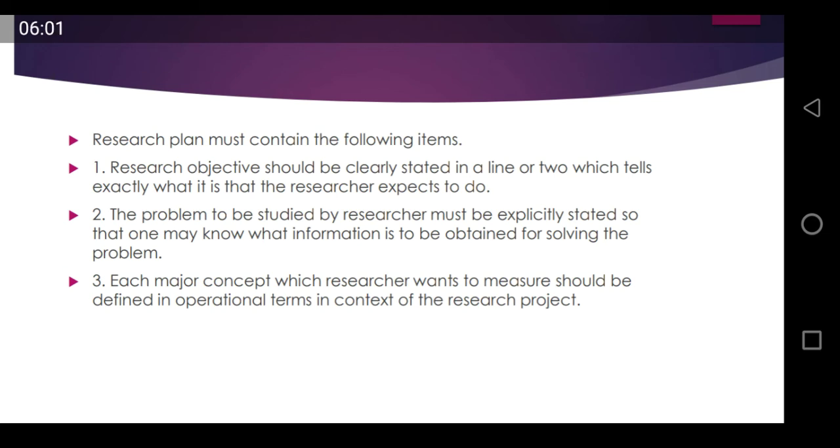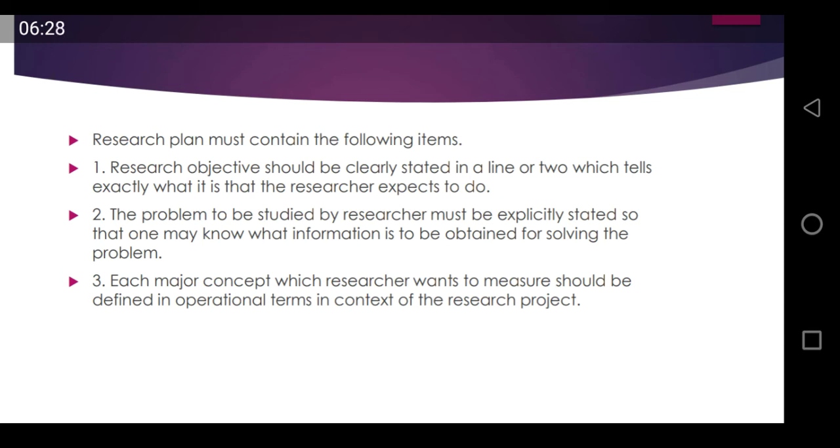Now, afterwards, the research plan must contain the following items. Which items should be added inside the research plan? First thing, the research objective should be clearly stated in a line or two, which tells exactly what the research is expected to do. To solve a particular research problem, as I said earlier, the research problem is broken down into objectives.